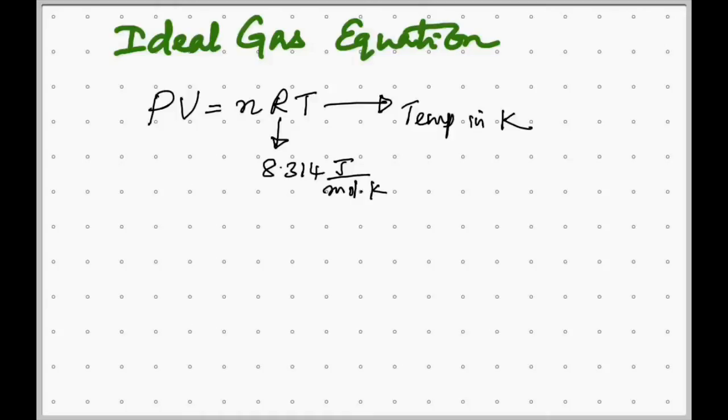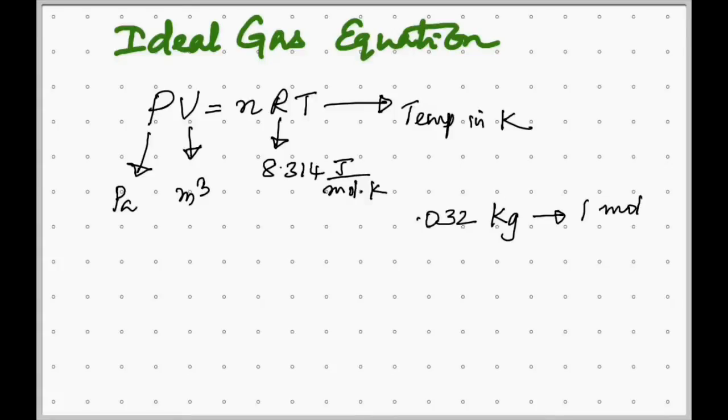P is pressure in pascals. Volume in meter cube. This must be an easy thing for you to do. The only thing you have to remember is if I talk of oxygen, it is diatomic, so its molecular weight in kilograms is 0.032, just as an example. So 0.032 kilograms makes 1 mole, right?